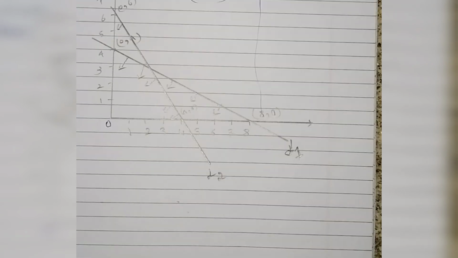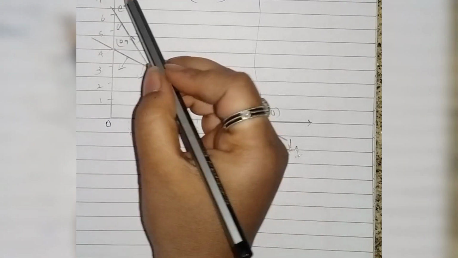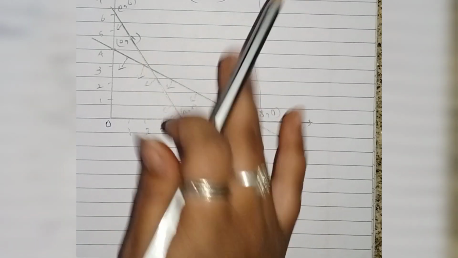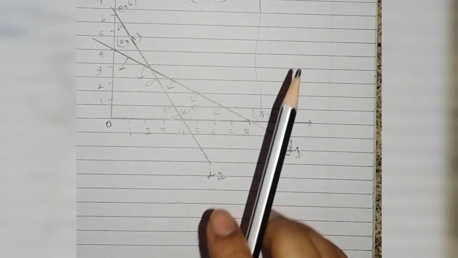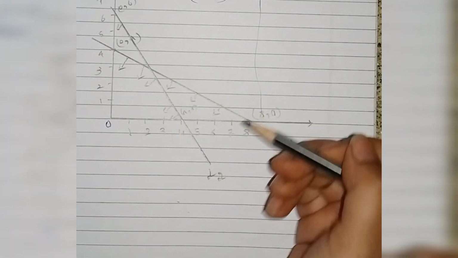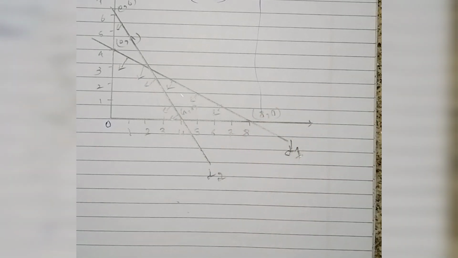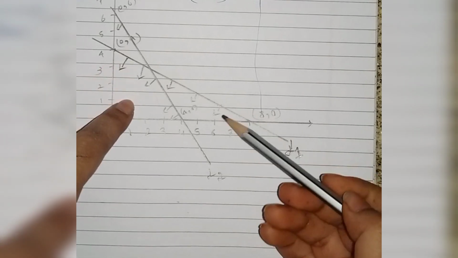Now we have to find the feasible region. Feasible region in the sense, the region which is bounded by all the constraints including the non-negative constraints. The non-negative constraint means it will lie in the first quadrant, and then the region we have to find is where both the lines are shaded.